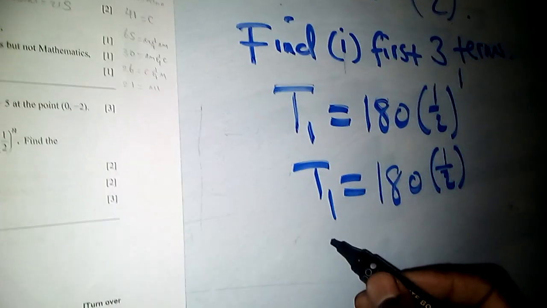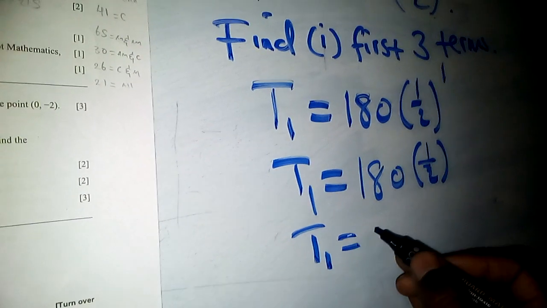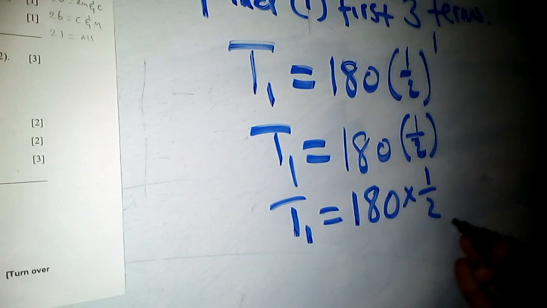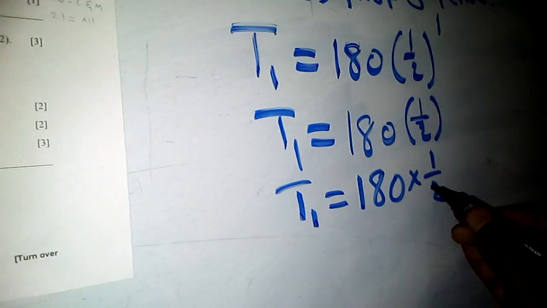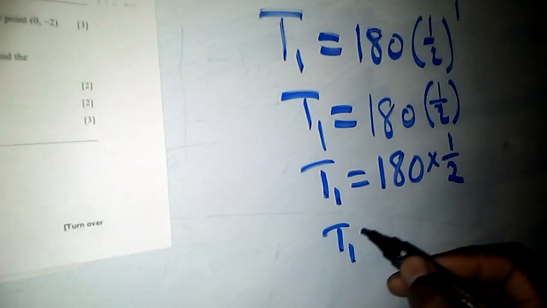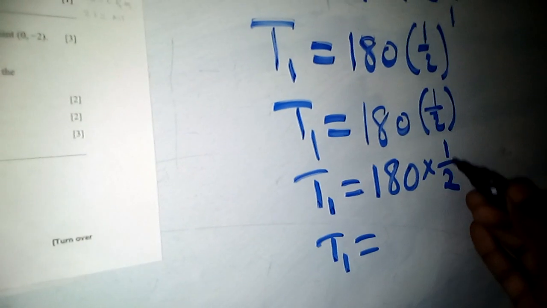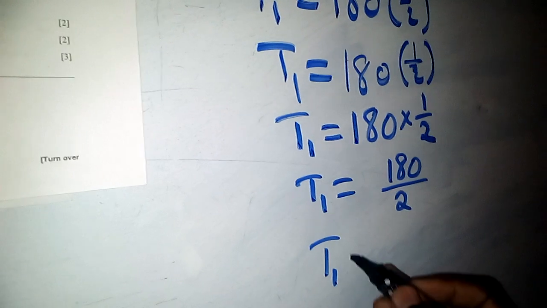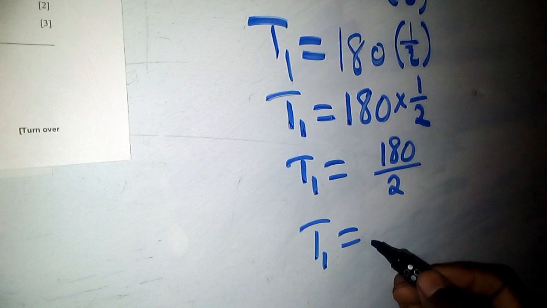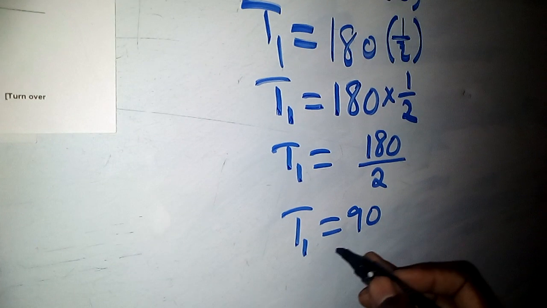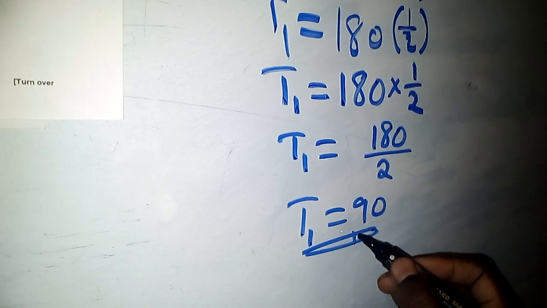So T1 equals 180 times 1/2, which is 180 times 1 is 180, everything divided by 2. So T1 equals 90. So the first term is 90.